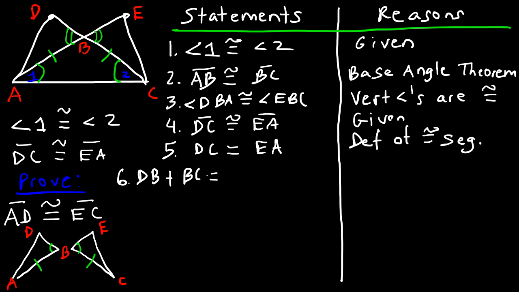And then let's replace EA with AB plus BE. And so whenever you're breaking down a large segment into two segments, or if you want to add two small segments into a larger segment, the reason or the property is segment addition.